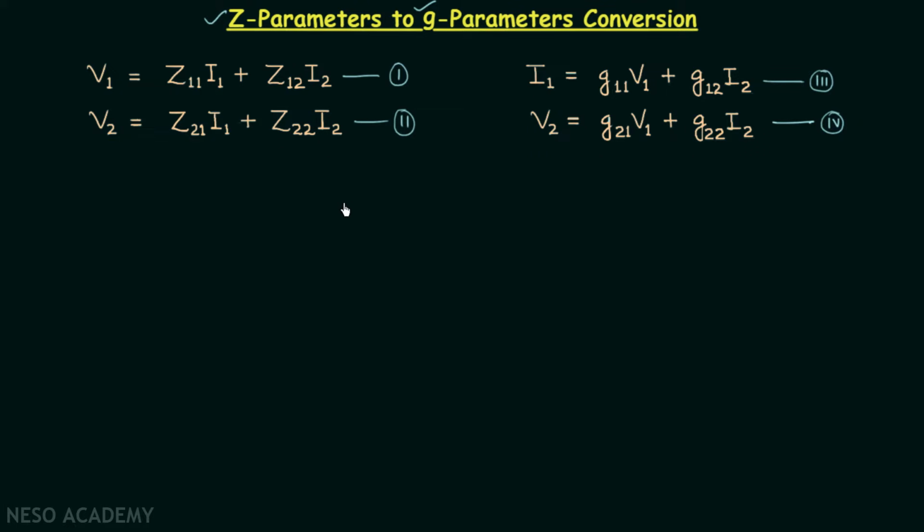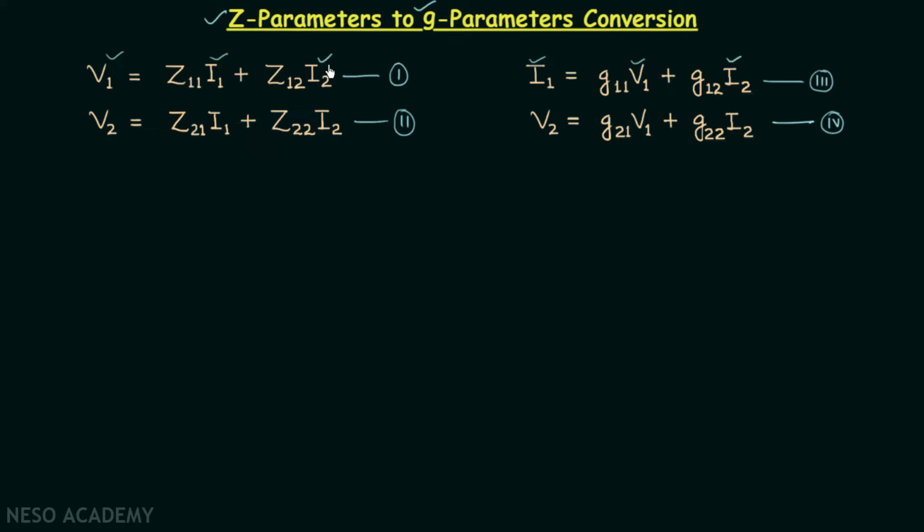When you compare the third equation with the first equation, you will find we have the same set of variables. In the third equation, we have I1, V1 and I2 as the variables, and here we have I1, V1 and I2 as the variables.